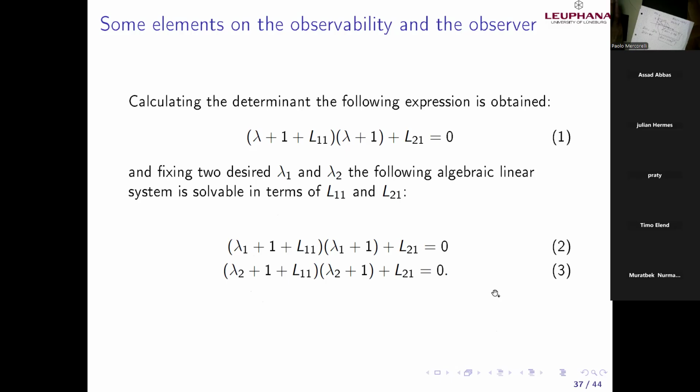And we have here a system with two equations and two unknowns, solvable because the system is observable, in terms of L11, L21. This means I will calculate this, but not by hand. Once I fixed lambda 1 and lambda 2, then I have my observer.